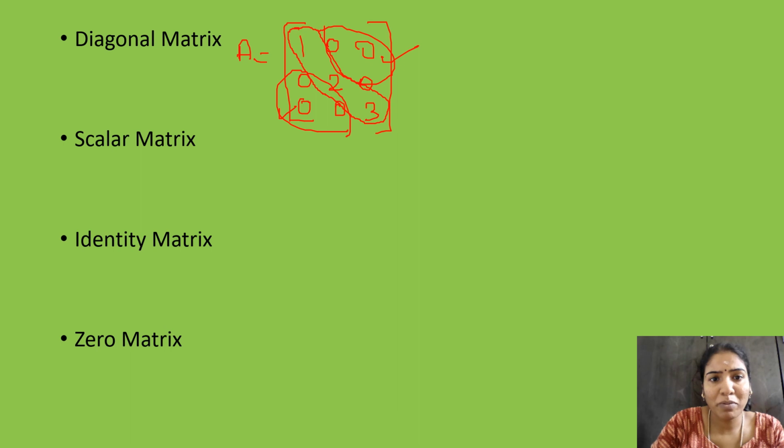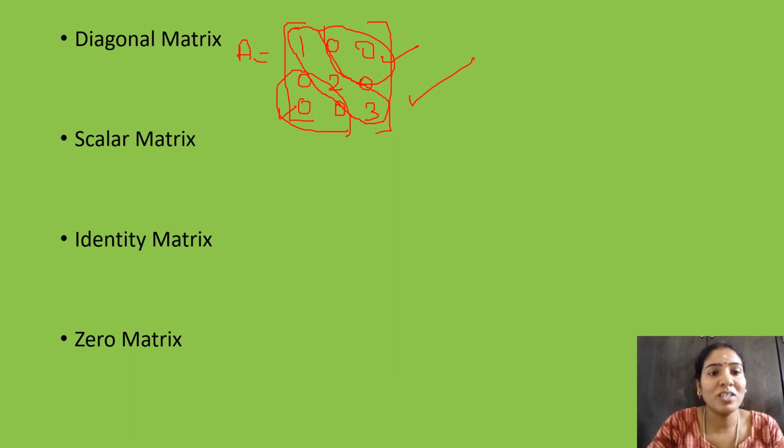Apart from the upper and lower triangular parts, only the diagonal has elements. Both the upper triangle and lower triangle have only zeros. So I can say this is a diagonal matrix. The diagonal alone has values and all the other elements have 0 as the value.